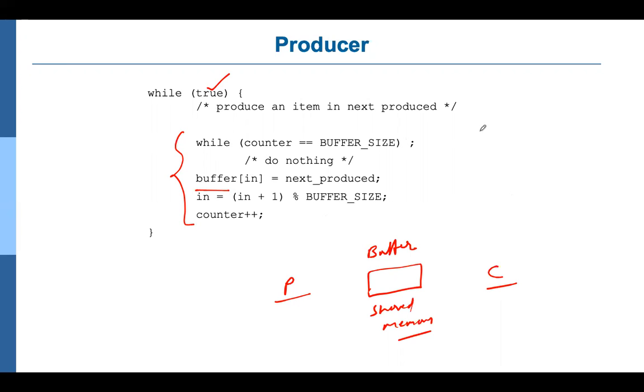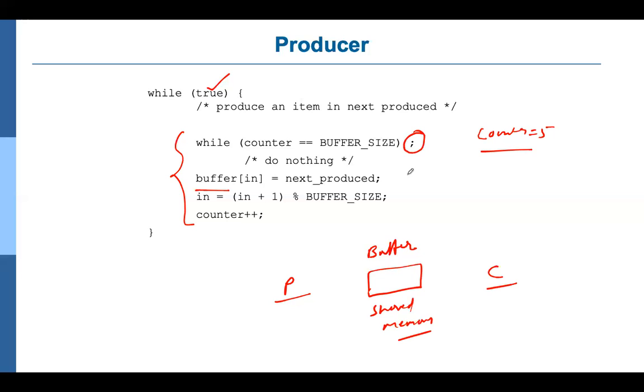Here counter is one variable. Let's assume that the counter is equal to 5. We have allocated some buffer size, so that shared memory has some size. If the counter is equal to the buffer size, then we go into the infinite loop.